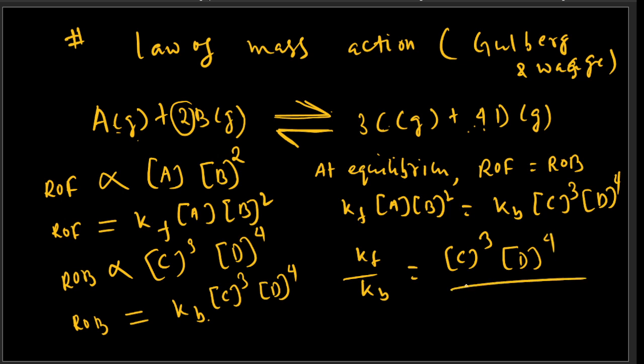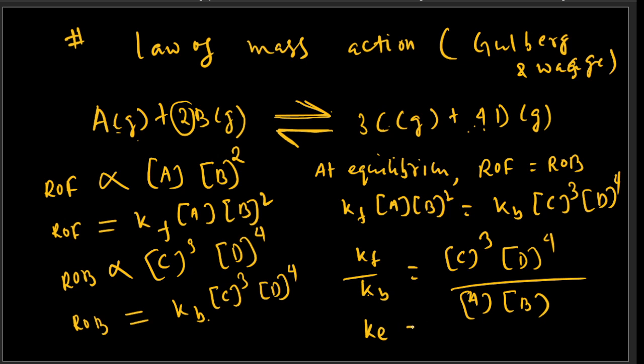concentration of D to the power 4, over concentration of A and concentration of B square. This rate constant is constant at a given temperature, and it will only change if you change the temperature. Otherwise, it does not depend on initial concentration. If you change the initial concentration, there will be no effect on the rate constant. So these are two constants, and dividing Kf by Kb gives another constant Ke, which also depends only on temperature.